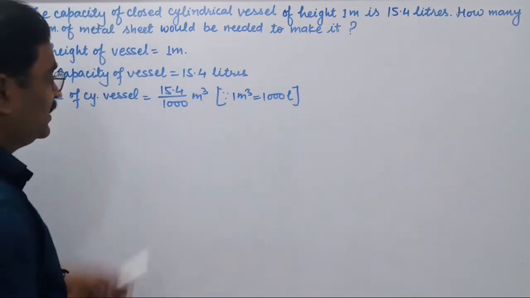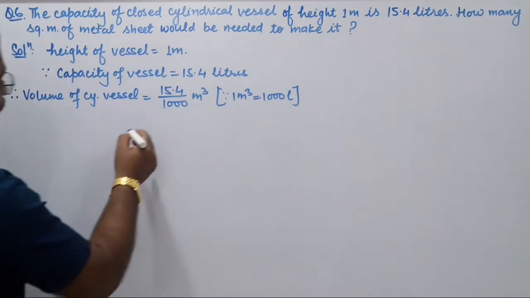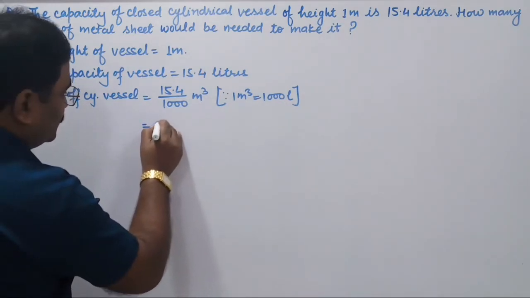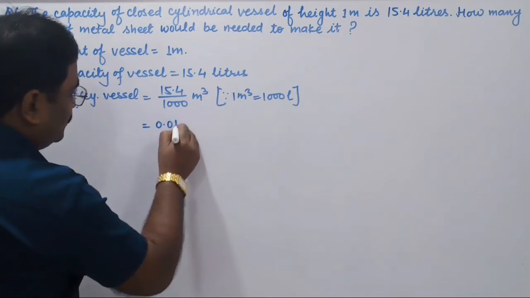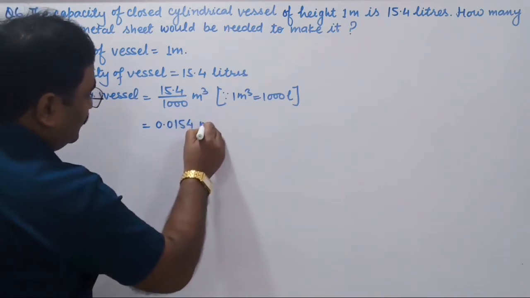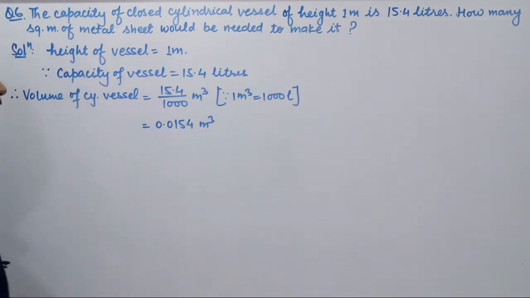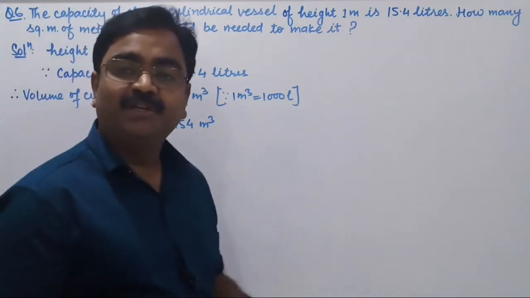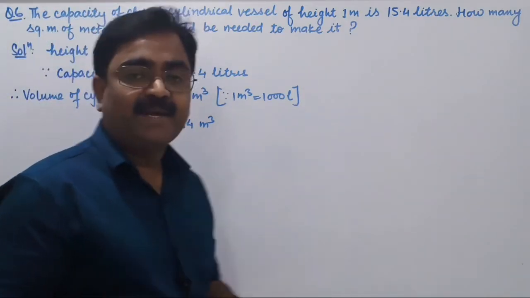Right friends? So let's divide it. The volume of this cylindrical vessel is equal to 0.0154 meter cube. And you know that the volume of a cylinder is equal to pi r square h.